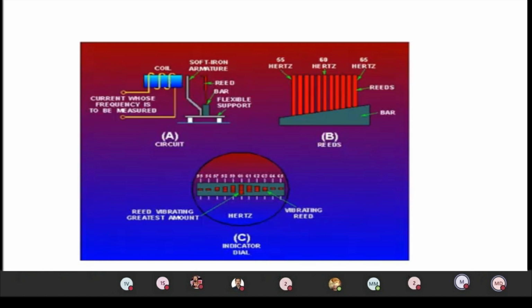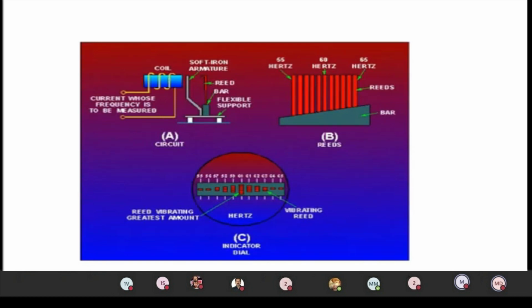Those reeds have different natural frequencies. Each reed has its own frequency, and they are supported on the bar.